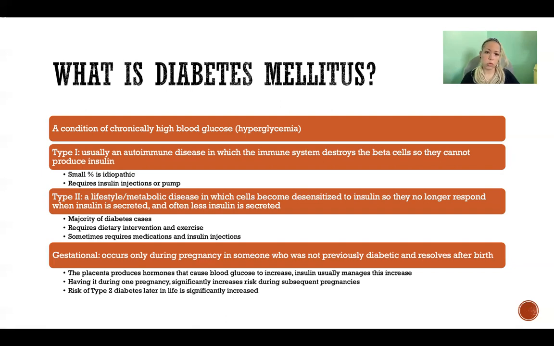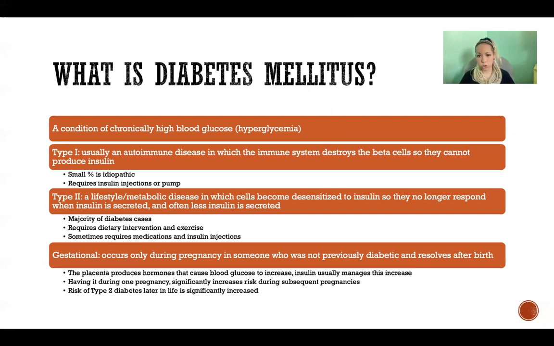But in somebody who does not manage it well, so the placenta increases blood glucose and that particular person is not secreting enough insulin to manage it, then that would be gestational diabetes. So they would have chronically high blood sugar and they'd have difficulty lowering blood sugar, like in response to carbohydrate intake, and that would be gestational.